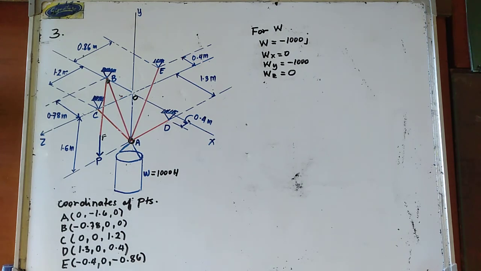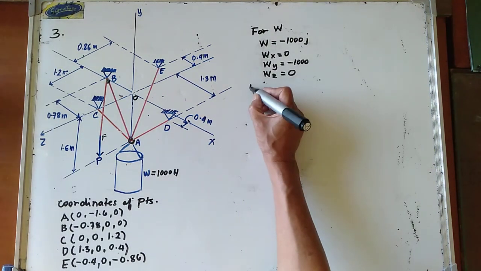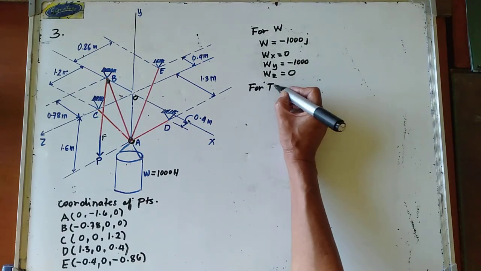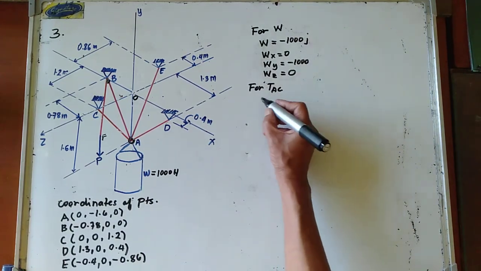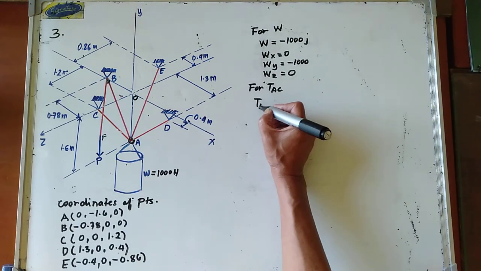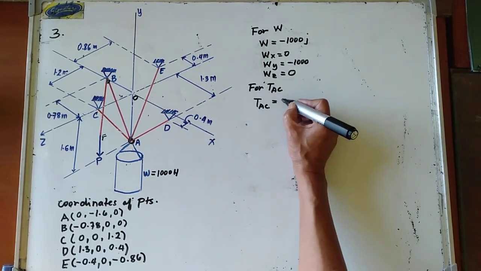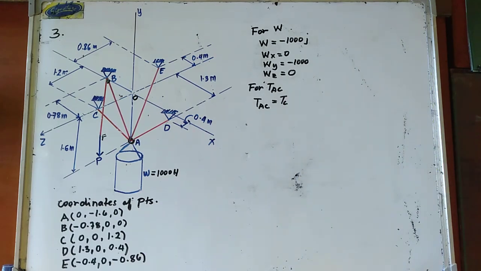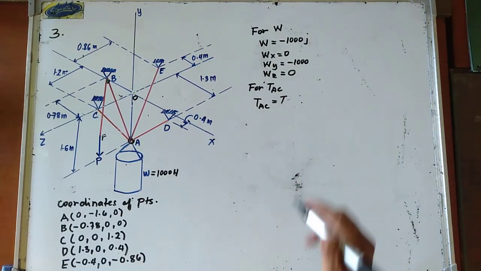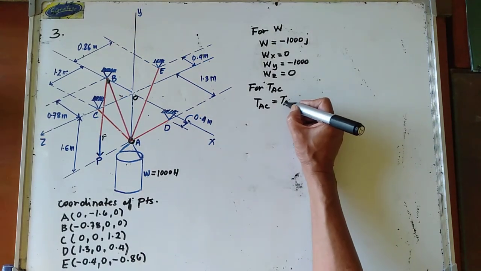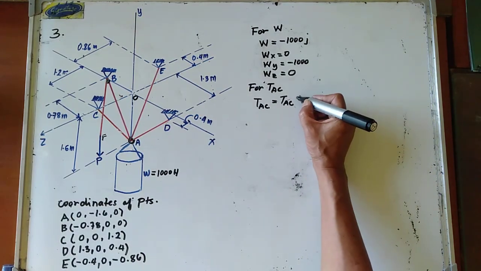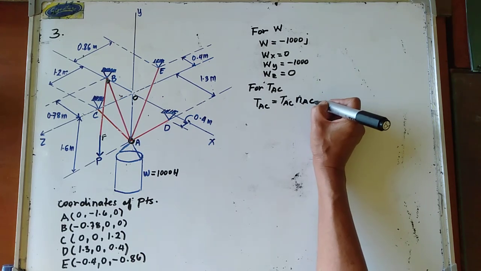Now, for the tension in cable AC. Again, in Cartesian vector form, this is the magnitude of this vector multiplied by a unit vector in the direction AC.